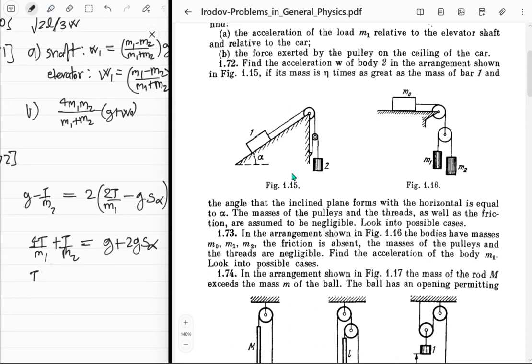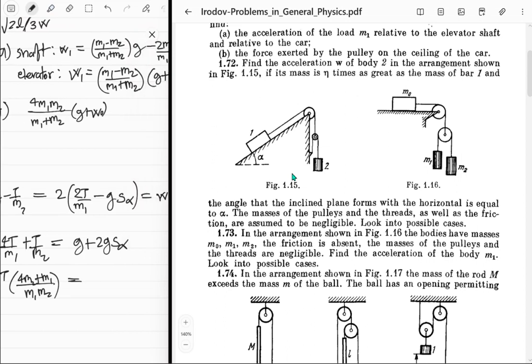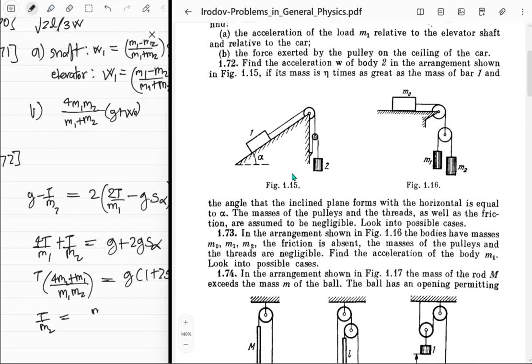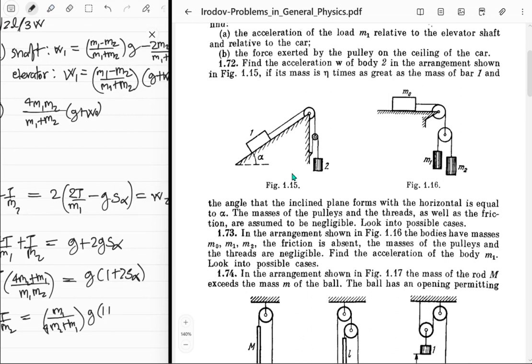We've got T into 4M2 plus M1 upon M1 M2, so tedious, is equal to G into 1 plus 2 sine alpha. Whatever. You got the tension, just want T upon M2, so T upon M2 will be M1 upon 4M2 plus M1 times G times 1 plus 2 sine alpha.